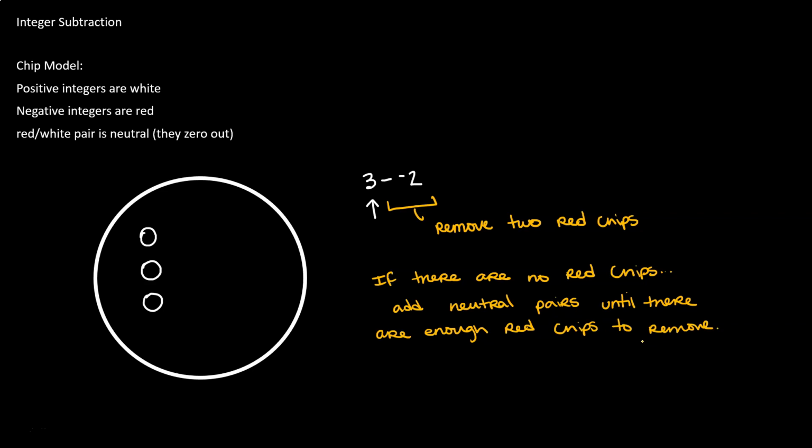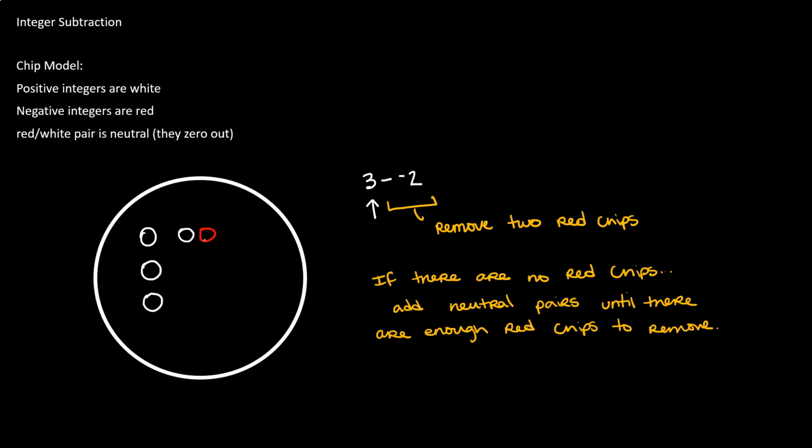If there's not enough red chips to remove, we need to add neutral pairs until there are enough red chips to remove. So I'm going to add a neutral pair, 1 red, 1 white. Looking at the value inside of my circle, it still equals positive 3. I've added this neutral pair, which does not contribute to the value of what's inside the circle.